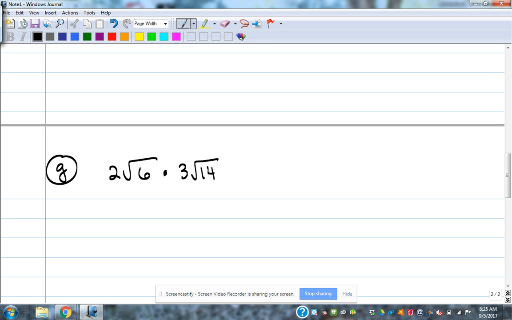Not that this comes up a ton when we're solving, but it is something that we need to be aware of just for simple number simplifying stuff. So inside times inside, outside times outside. So on the outside we got 6 radical 84. 6 times 14. 60 and 24. And then we want to simplify that.